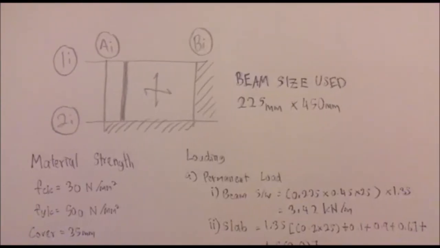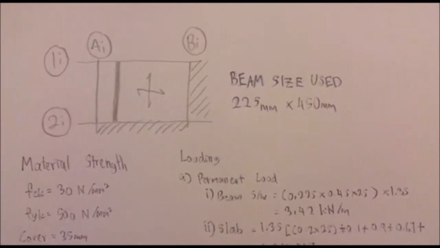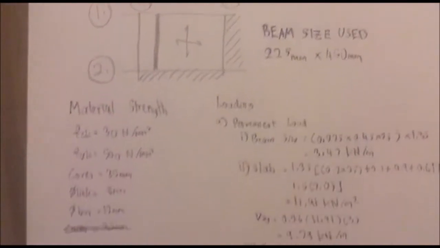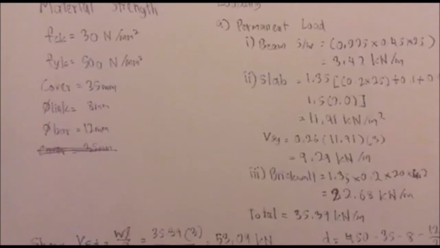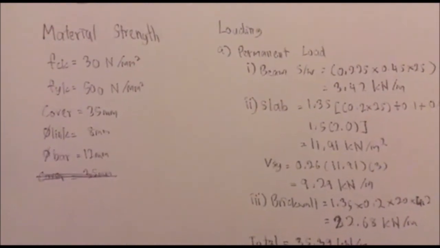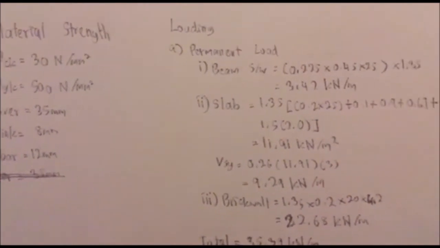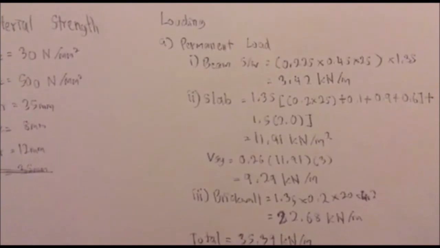The beam size that we use is 225 mm times 450 mm. Then the material strength and the parameters that we use are as follows. Then we can proceed to loading, where we have permanent load and live load.